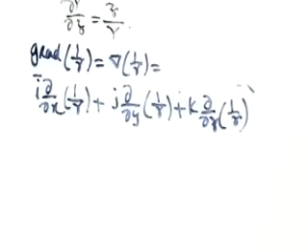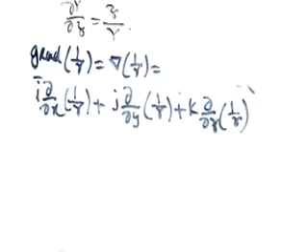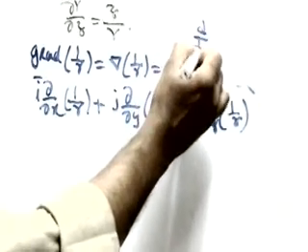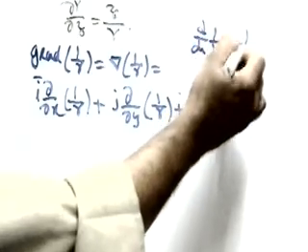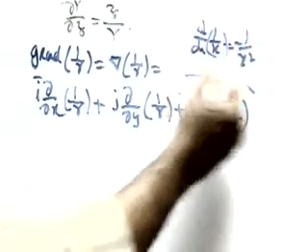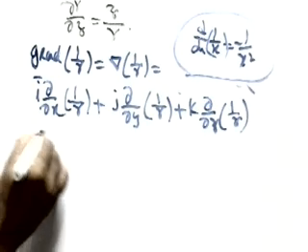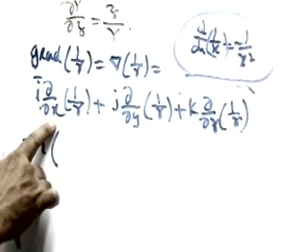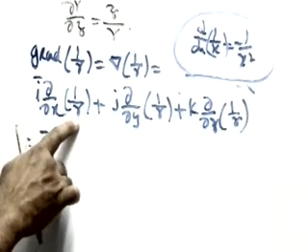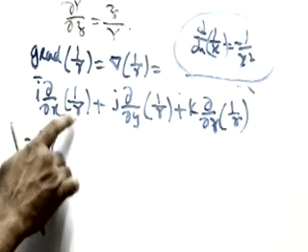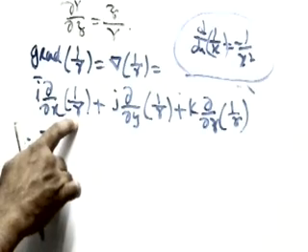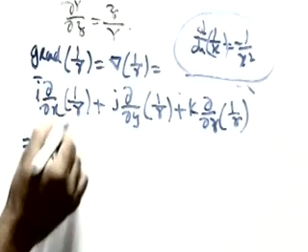Or we can use sigma also and solve. See here, there is a formula we have: d by dx of 1 by x is minus 1 by x squared. See here, i into, we have to differentiate with respect to x, but we have r here. Let me differentiate this with respect to r.